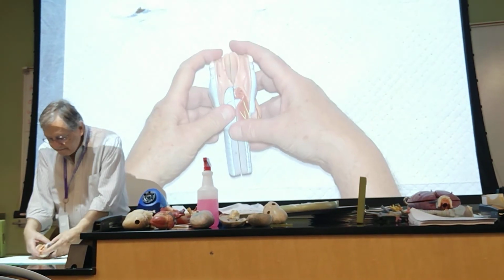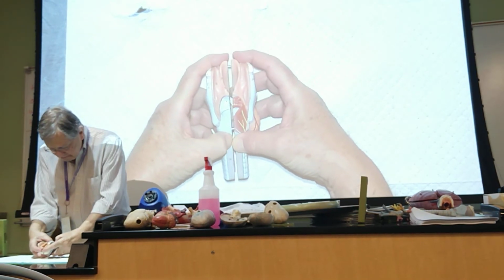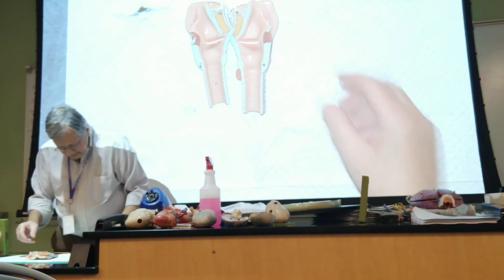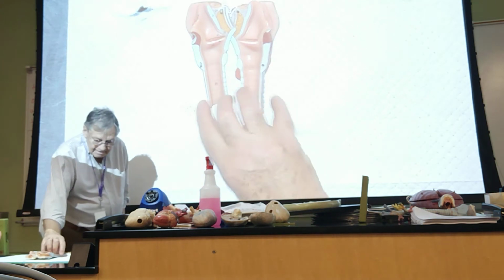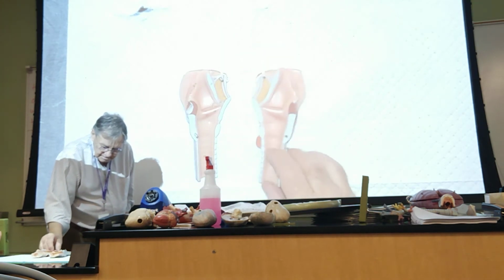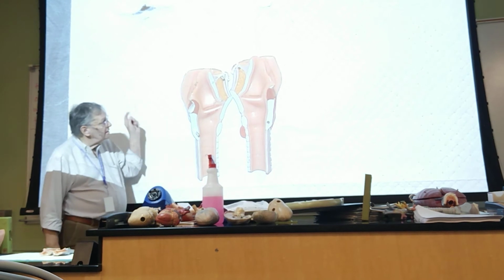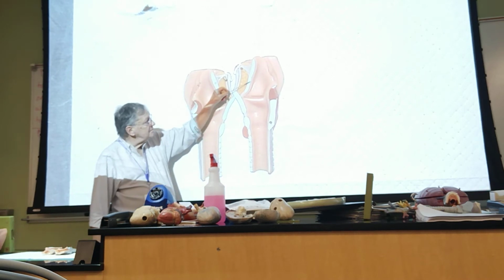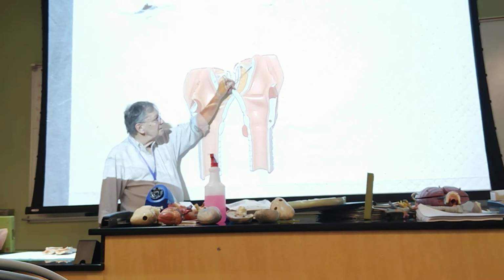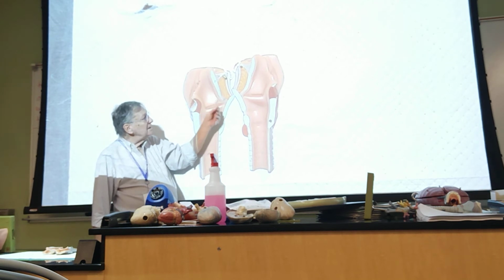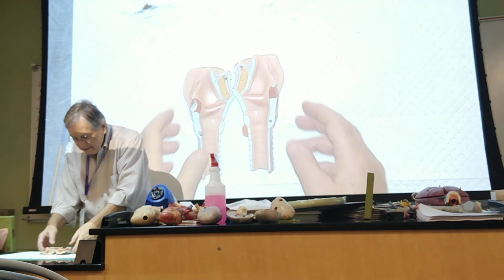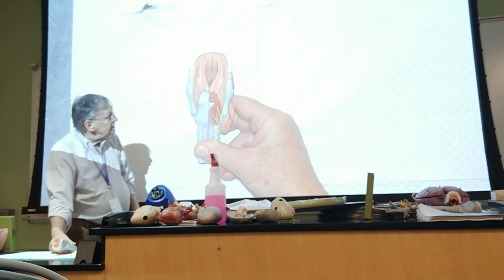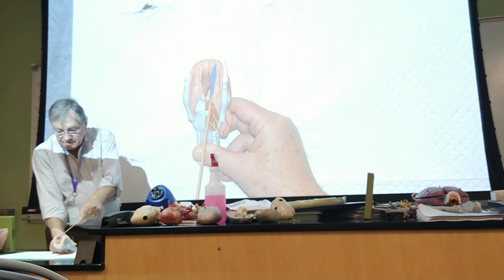If you open up this model, you have epiglottic cartilage. The epiglottic cartilage is what forms this scoop.